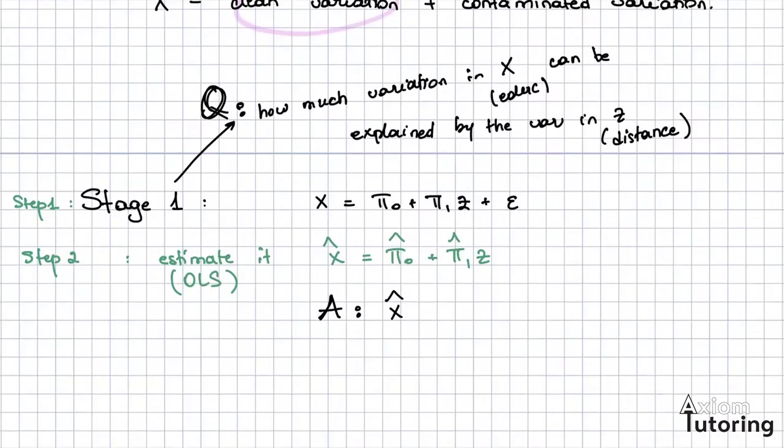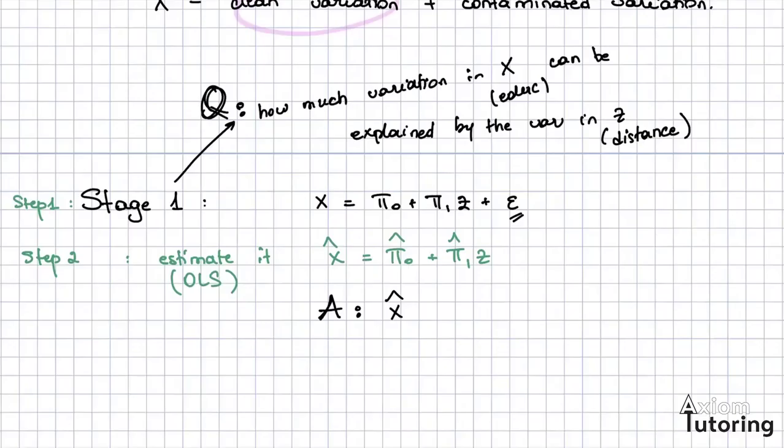So the predicted values of X contain that information. Everything else, ability, motivation, family background, is left in the residual in here, the epsilon. X hat has been purified of these influences. Now, why are they so special? Keep in mind, X hat is special because of where the variation is coming from. It varies only because the instrument Z varies.